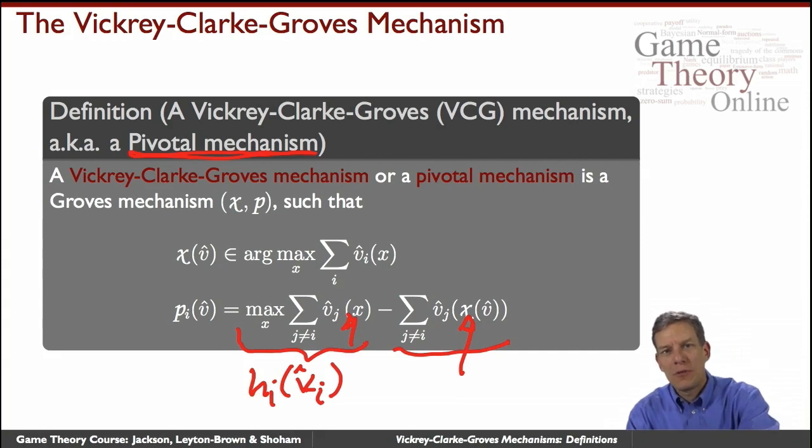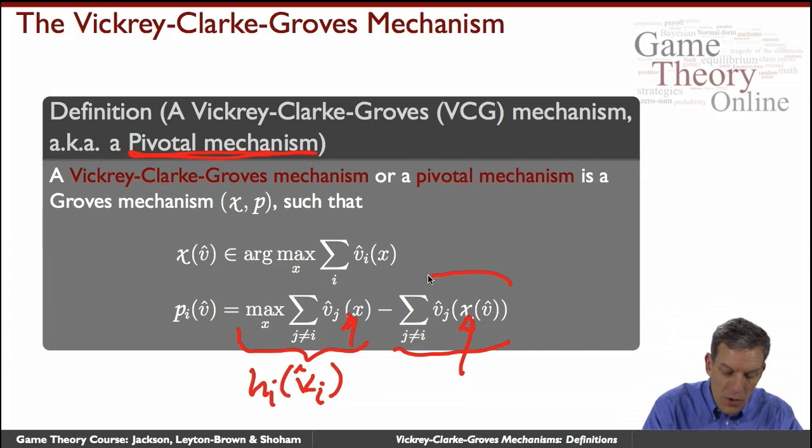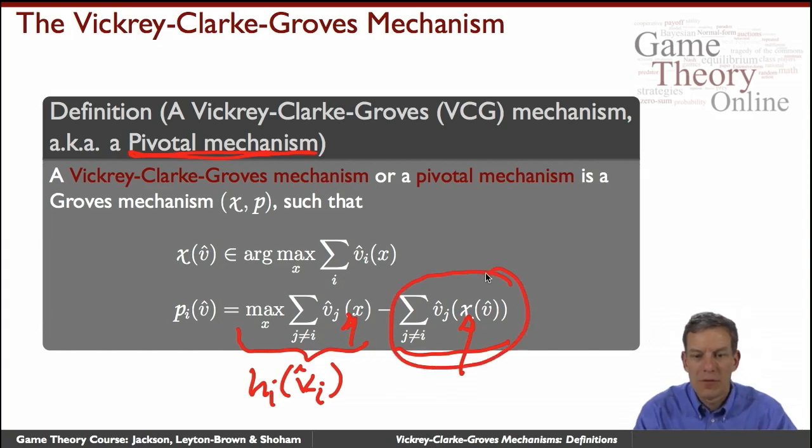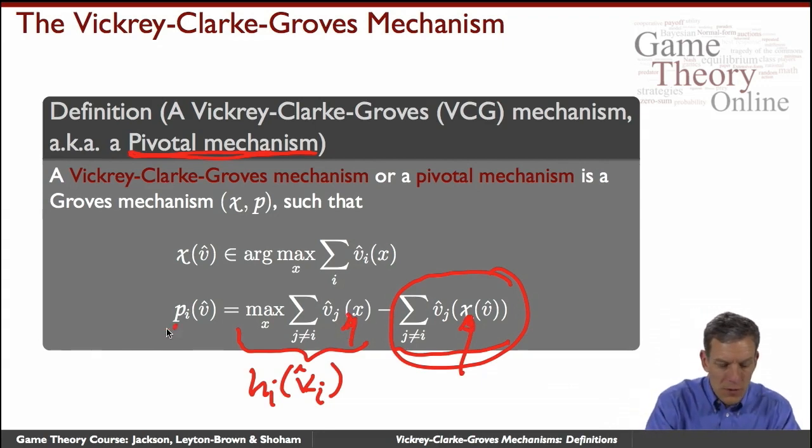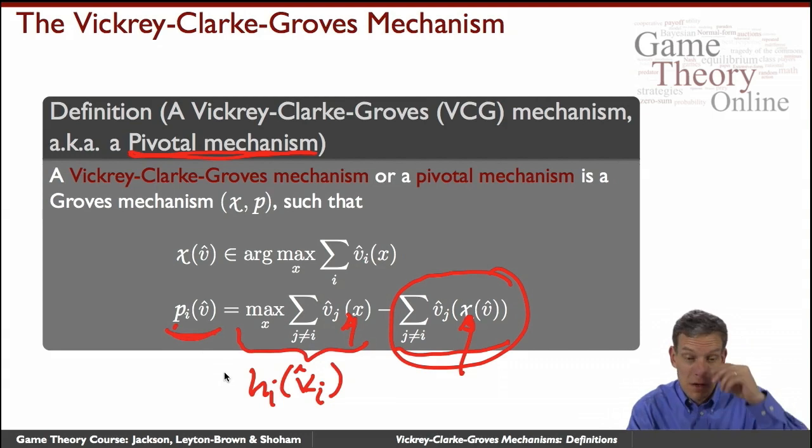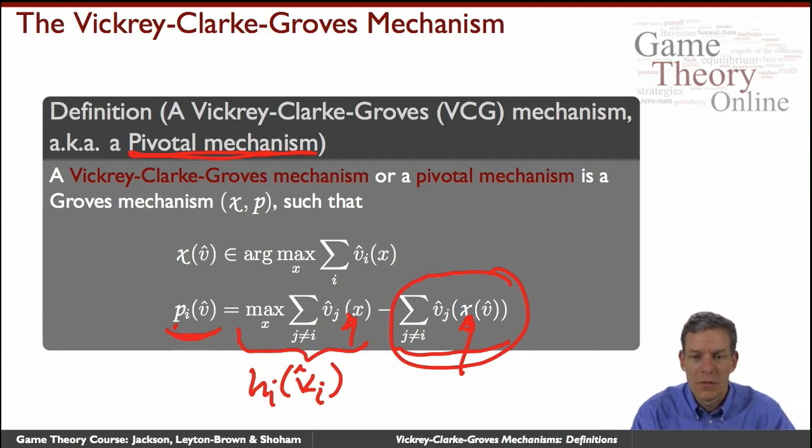How much does everyone else get if we take you into account? This is generally going to be a lower number. This is going to have to be a lower number. People can't be made better off by including i in terms of the decision. All that can do is distort things away from the overall maximizer for these individuals. So this number is generally going to be a non-negative number. So this will be a payment that different individuals would be making into the society.